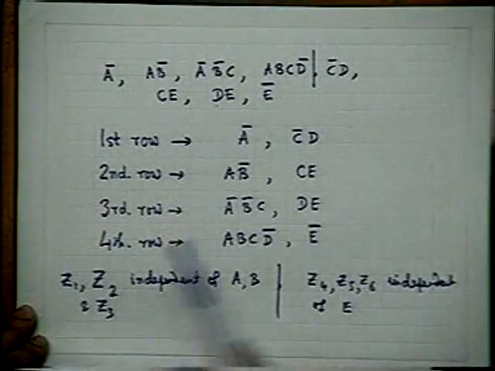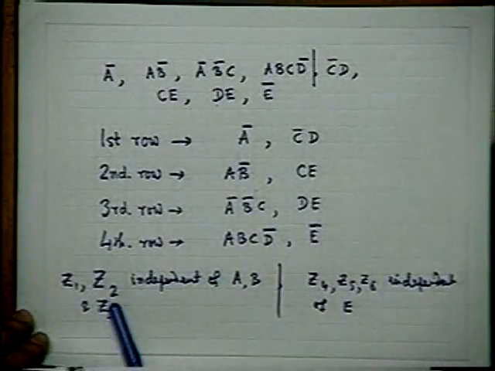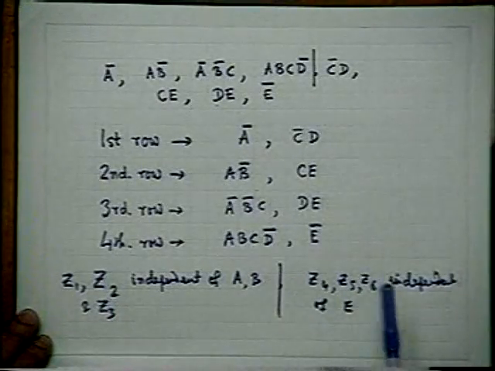Accordingly, we shall split the OR planes into two halves, locating Z1, Z2, Z3 on one side and Z4, Z5, Z6 on the other side, as shown here. You can just try yourself. This is a little bit more complicated, but you can understand it. I'm not trying to do any folding of the columns. Only the rows have been folded.